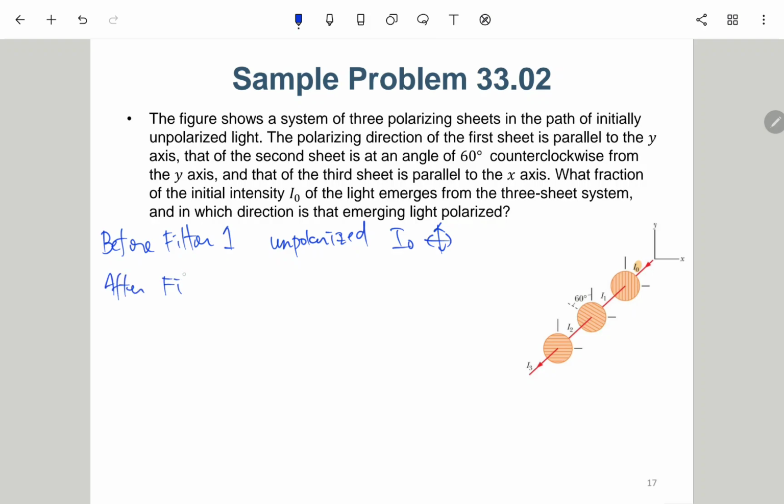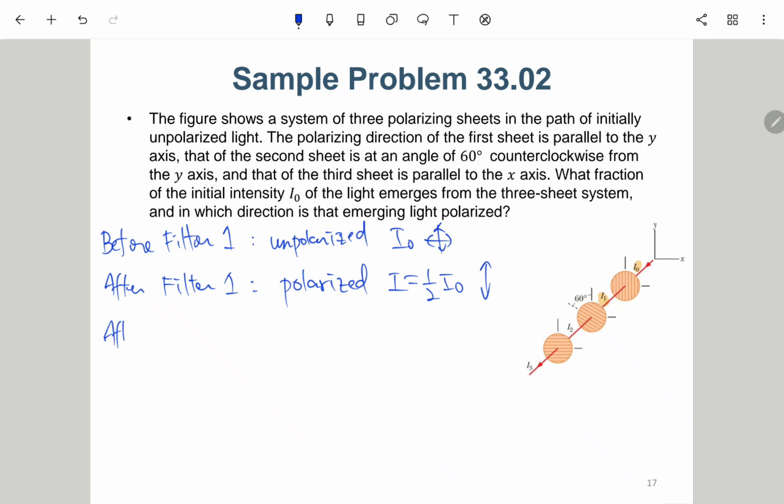After filter 1, it will be polarized, because after passing a filter it becomes polarized. From unpolarized to polarized, the intensity I1 will be half of I0, and it is vertically polarized.